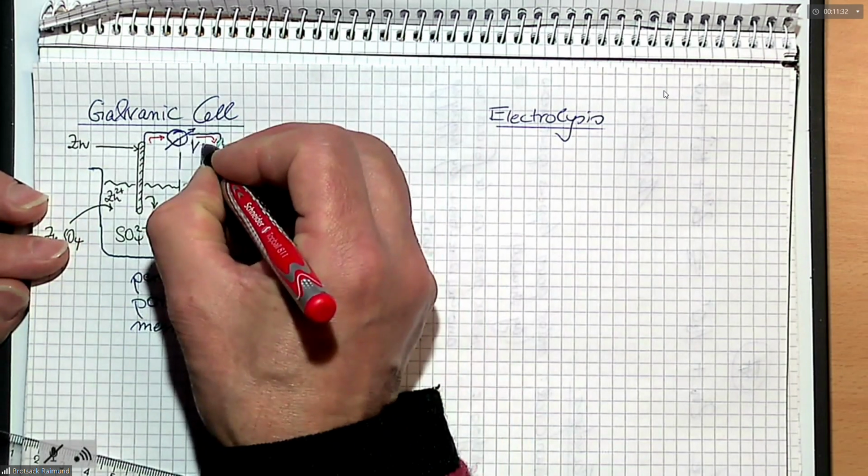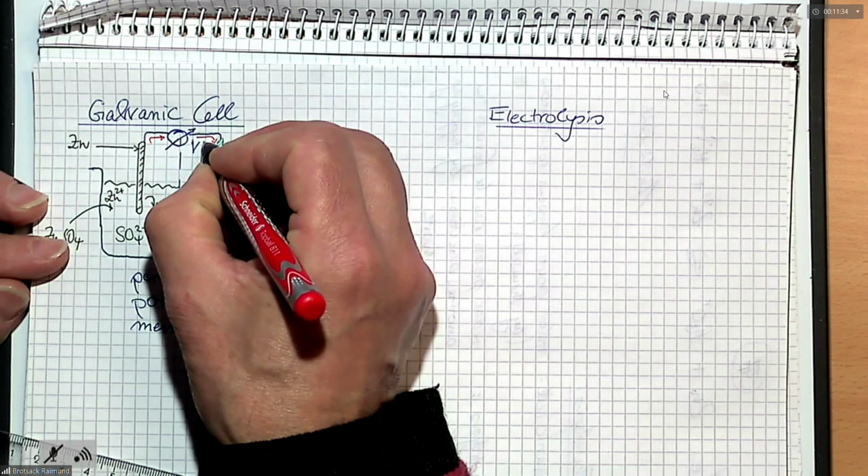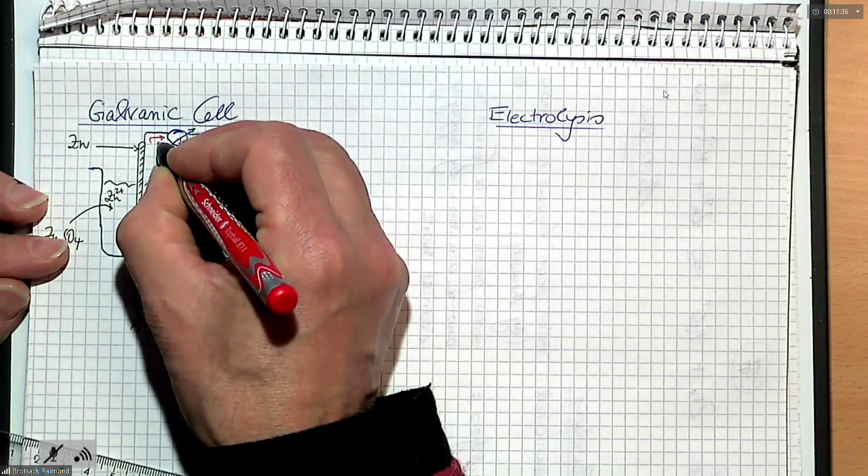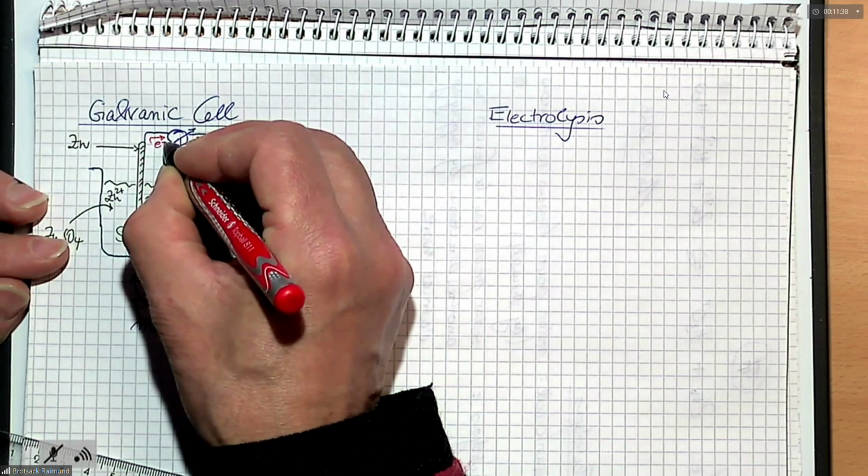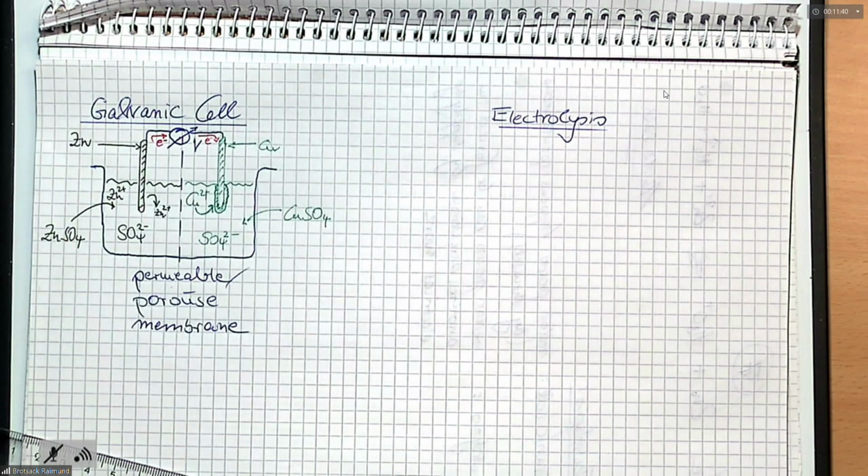So these are the electrons which move from the left side to the right side.